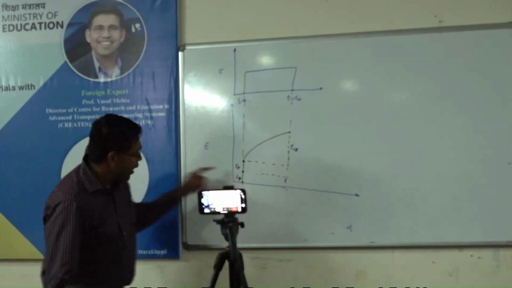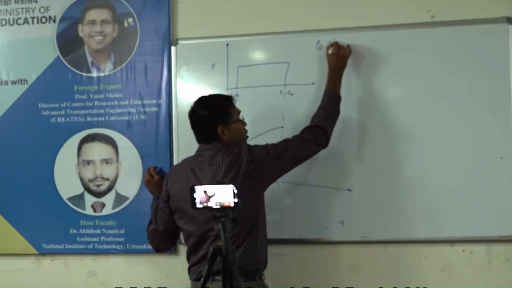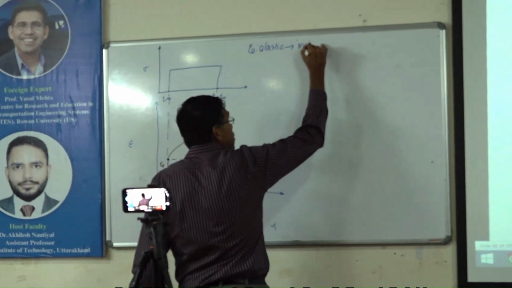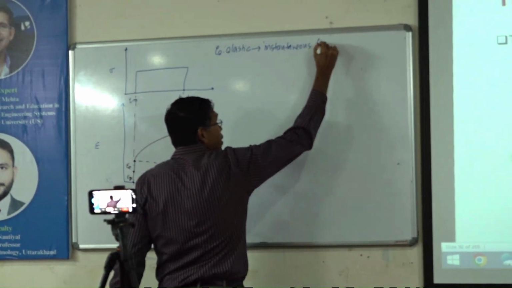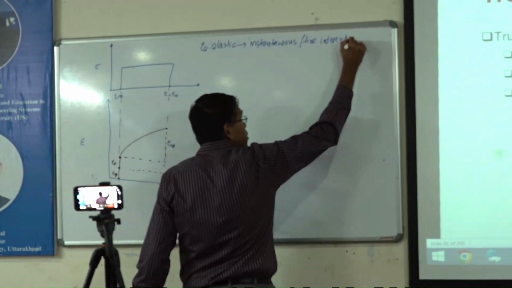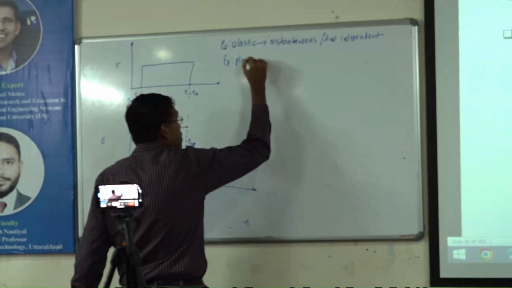So once again, epsilon E is elastic, instantaneous, and time independent. Epsilon P is plastic.